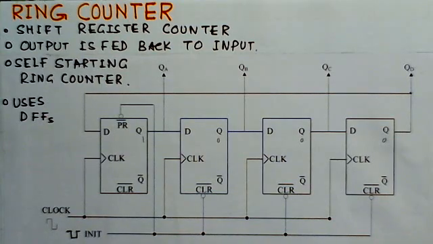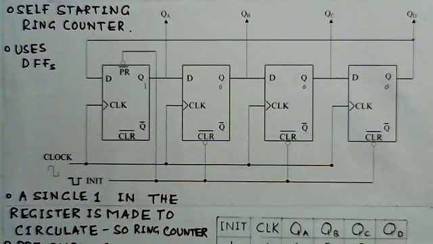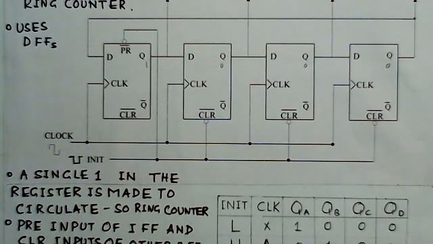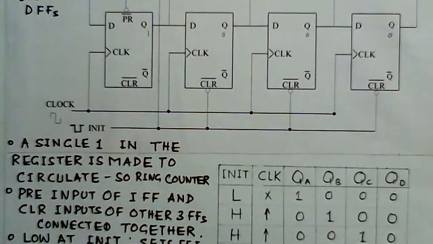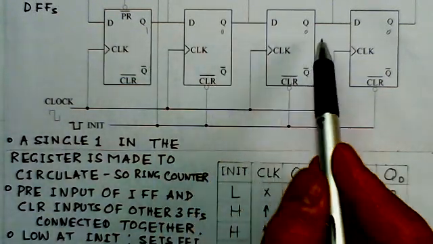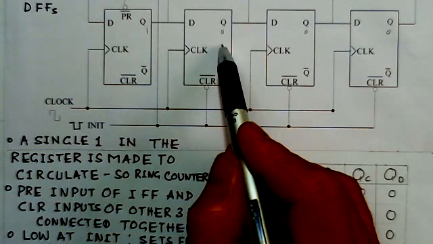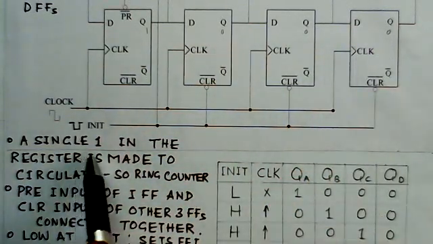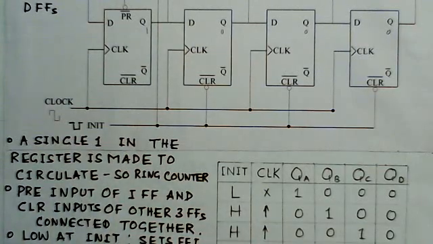And as you know, it's using the D flip-flops. In this, a single 1 in the register is made to circulate because it's a shift register. So this 1 0 0 0, this 1 will come here, then it will reach here, then here, like that. So a single 1 in the register is made to circulate, so it's said to be a ring counter.